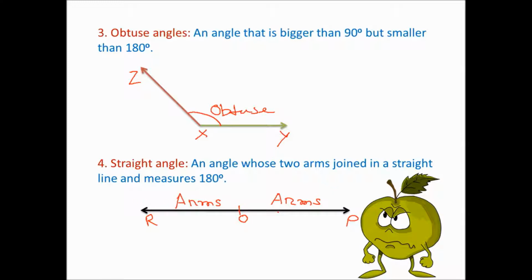It is not a straight line continuously. OP and OR are the two arms, and when it lies straight, this is called 180 degree. So this angle is 180 degrees. So an angle whose two arms are joined in a straight line measures 180 degree.